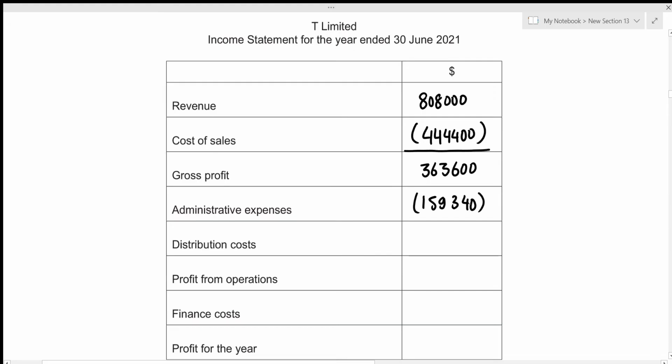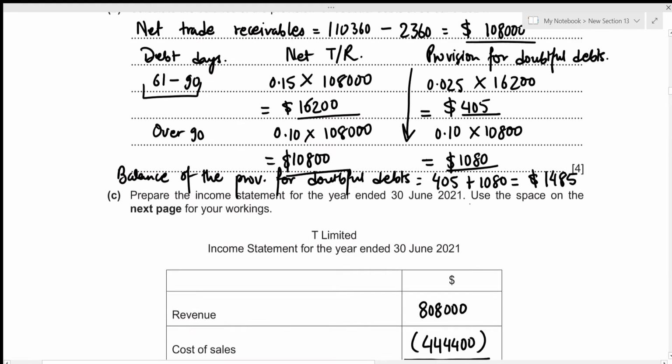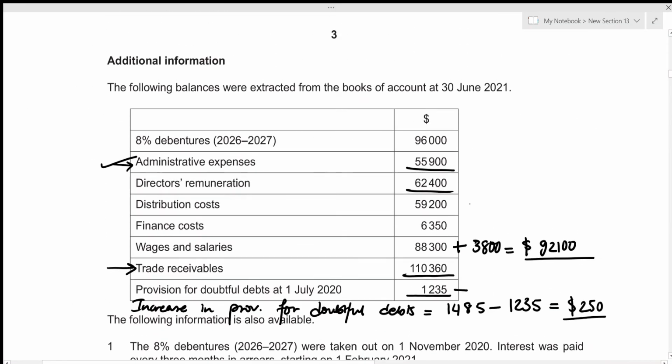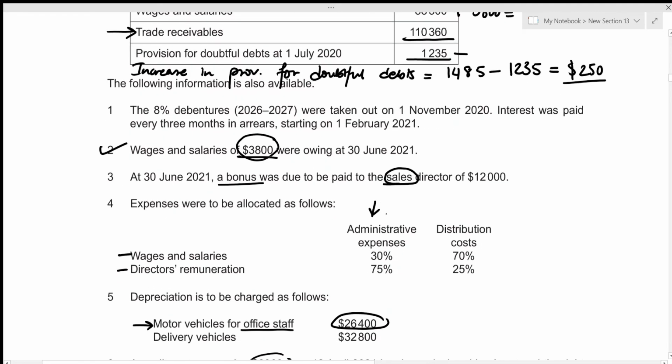Now for the next part, we need to figure out the balance for distribution costs. In order to do so, let's have a look at the information in order to figure out the items needed to be recorded under this particular heading. So we have the balance for distribution costs right here. Then we have a bonus. As we said before, since this relates to sales, this expense should be recorded under the distribution cost.